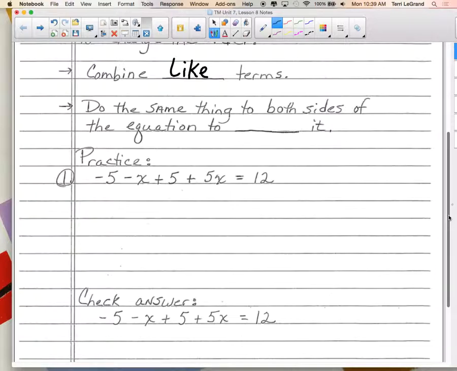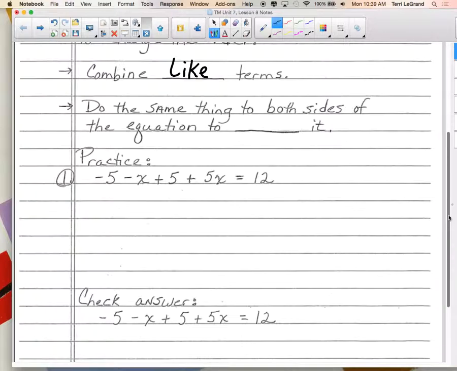And remember, when we solve, we have to keep the equation balanced. So all that other stuff we were doing, we don't have to worry about doing on both sides. That's just getting the equation ready. Once we start solving, though, we have to make sure that balance scale stays balanced.